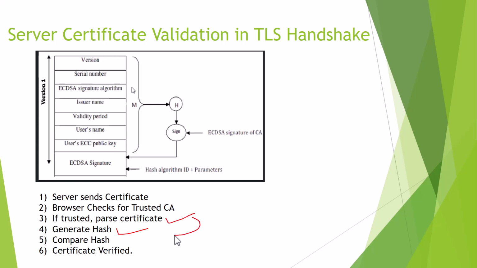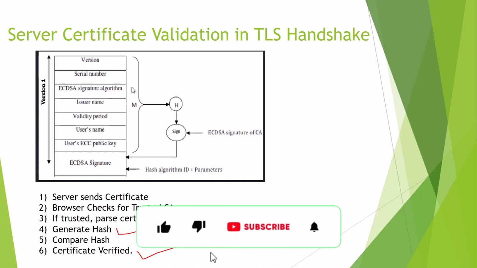The browser would compare both. If the two hashes are exactly the same, that means there has been no tampering, nothing has been modified, and the certificate is genuine. The server has sent us the correct certificate, hence this certificate is validated. So this is the entire system of certificate validation, how it is done by the client.